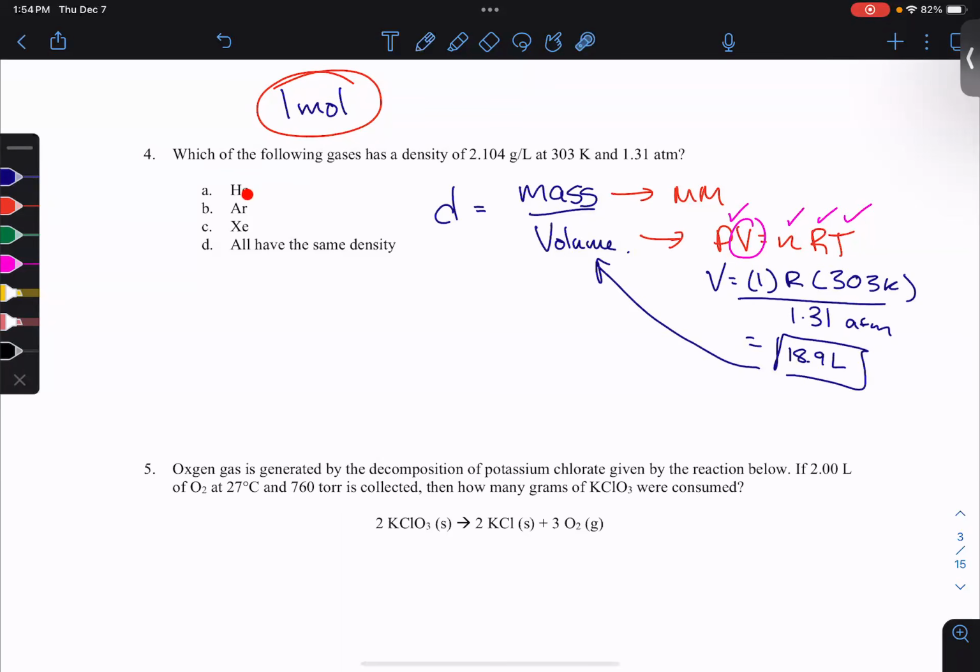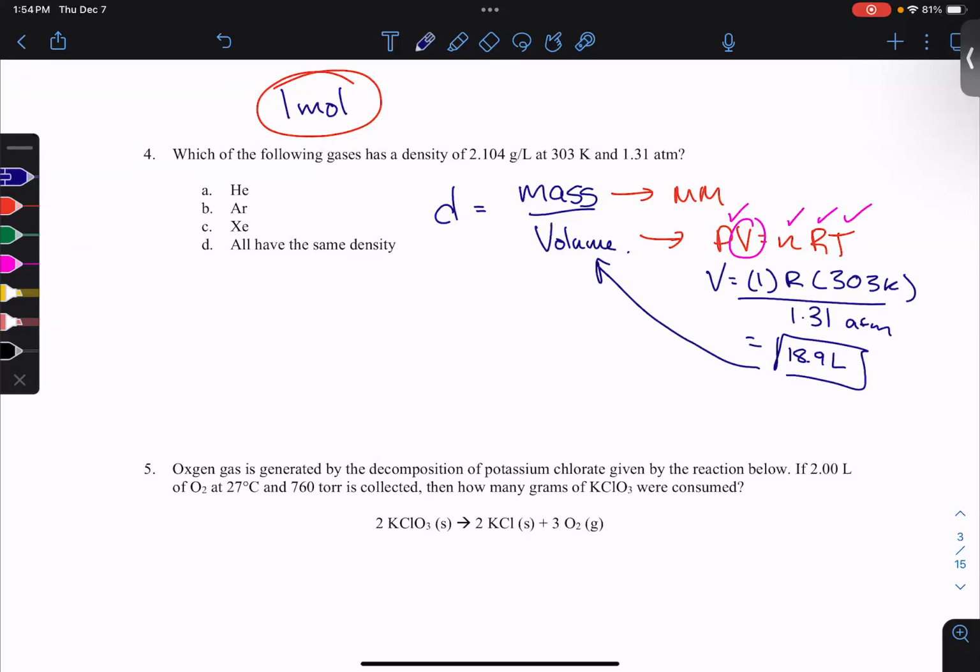There are 3 different gases here, so I need to calculate the density of each of them, mass over volume for all 3. Do I have to do this volume calculation 3 different times? No, because we're just going to assume we have 1 mole for all of them.